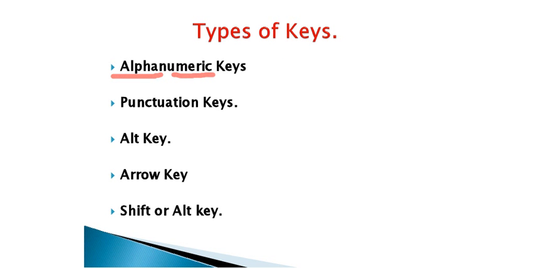The alphabet starts from A to Z, and the numbers are 0 to 9. So alphanumeric keys are those keys that contain alphabet keys as well as numeric.